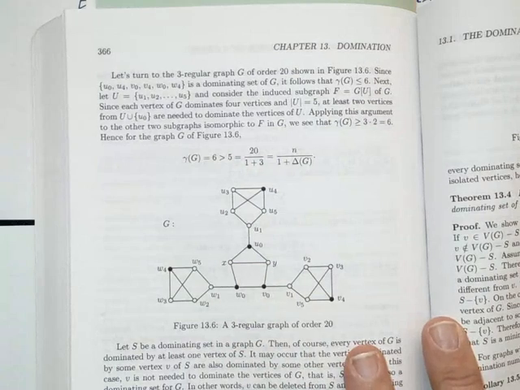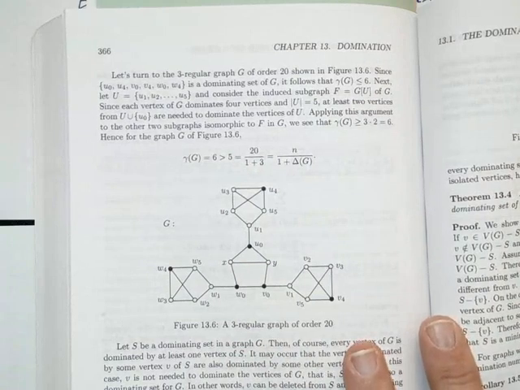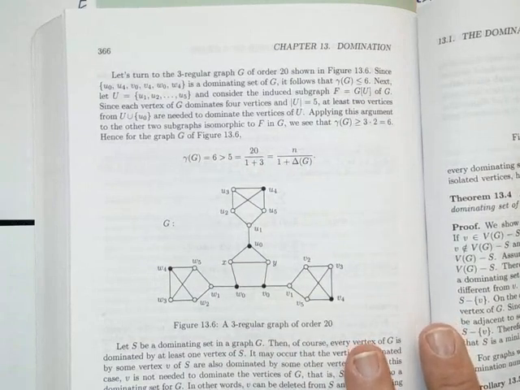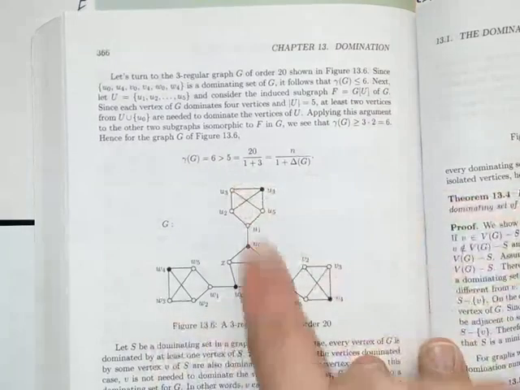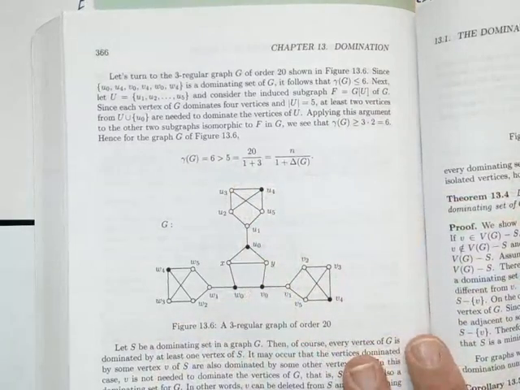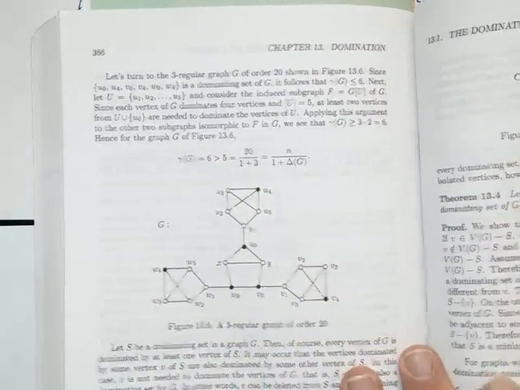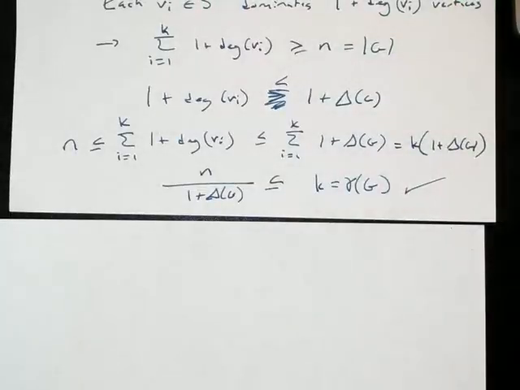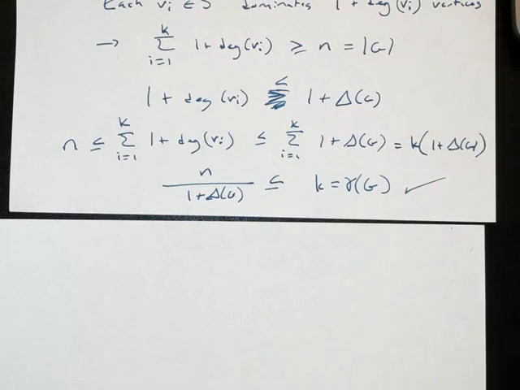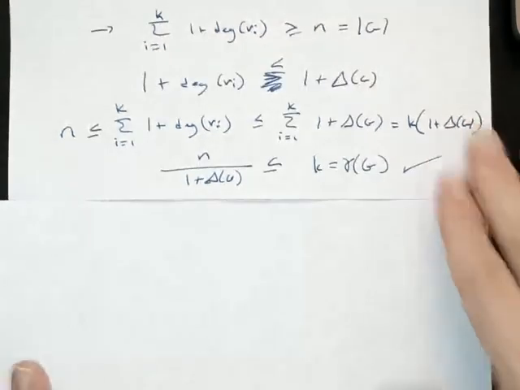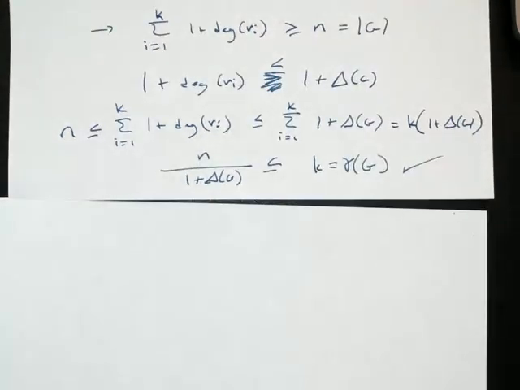Because no matter how I try to cover the outside pieces and the bridges, it requires 3 from the outside and 3 from the inside. Questions?